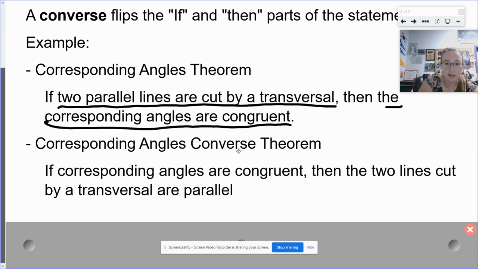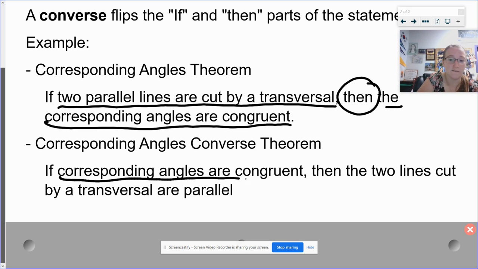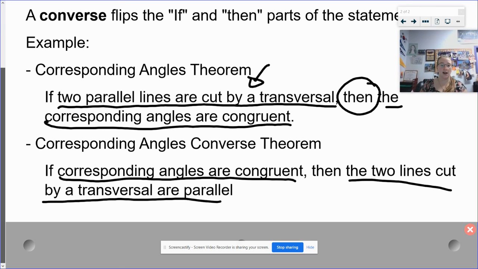Notice the corresponding angles are congruent came after then in that sentence, and now it comes after if. If corresponding angles are congruent, then the two lines cut by a transversal are parallel.